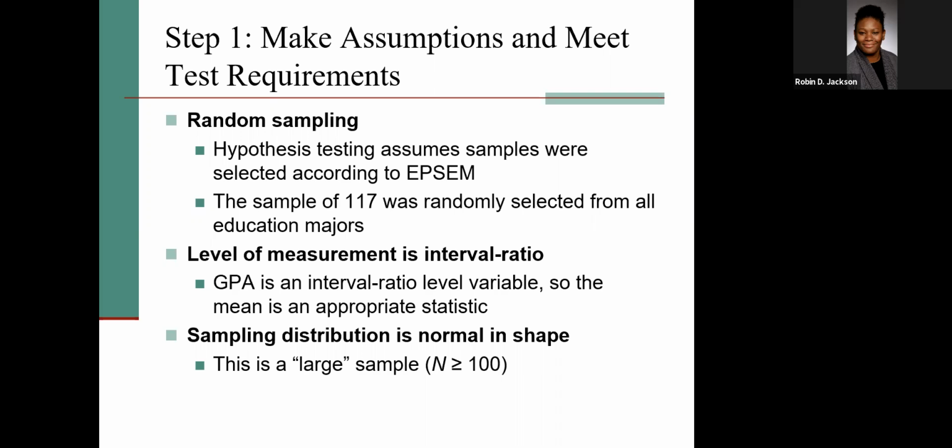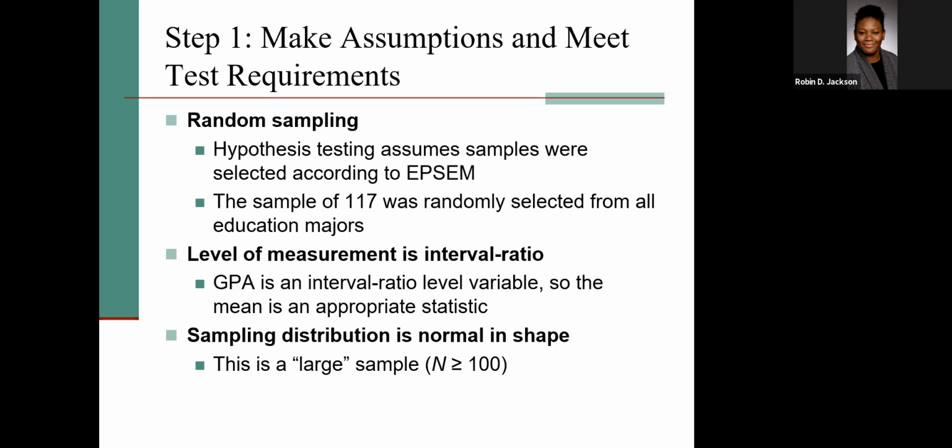So hopefully you remember the equal probability of selection method. This was covered in chapter 6, and it deals with the methods used to maximize the probability that the sample will be representative. So basically, when it says random sampling, that's what they're talking about here.